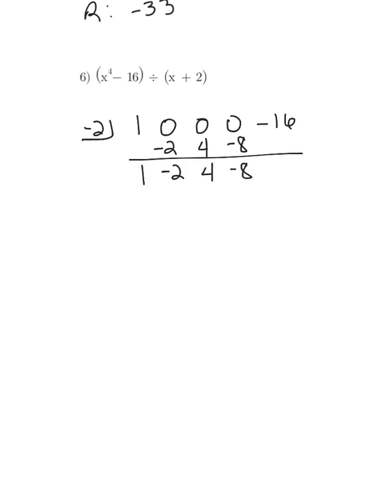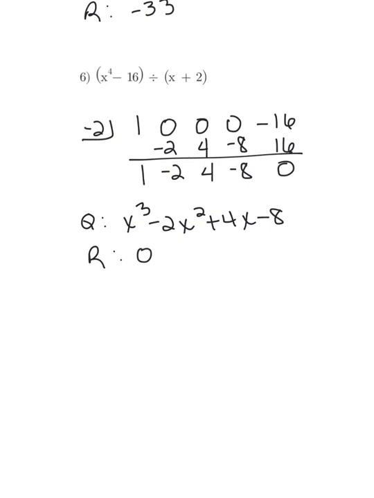Negative 8 times negative 2 is positive 16. And negative 16 plus 16 is 0. So our quotient is x to the third minus 2x squared plus 4x minus 8. And our remainder is 0.